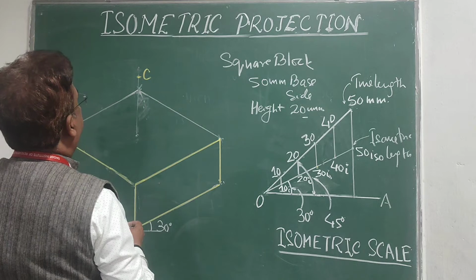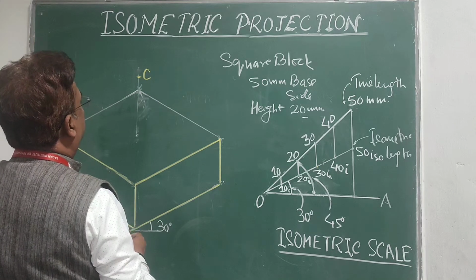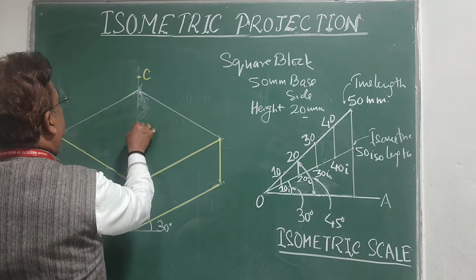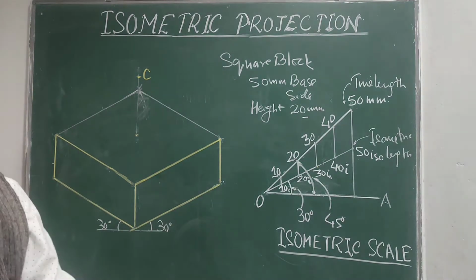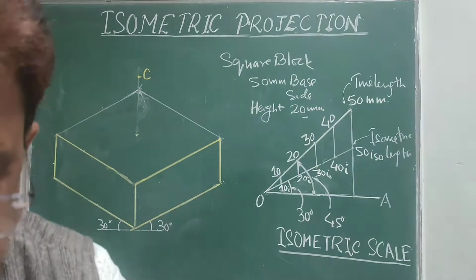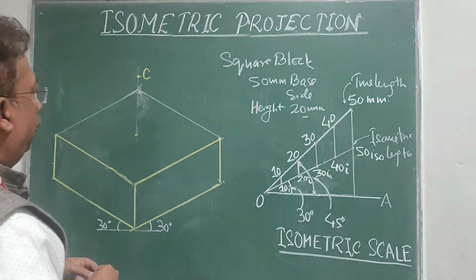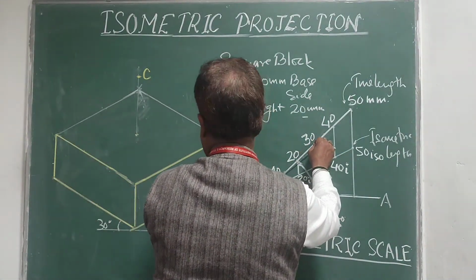That will be 30 mm, ISO 30, above this. Now from this C, I will draw a circle of actual 30.